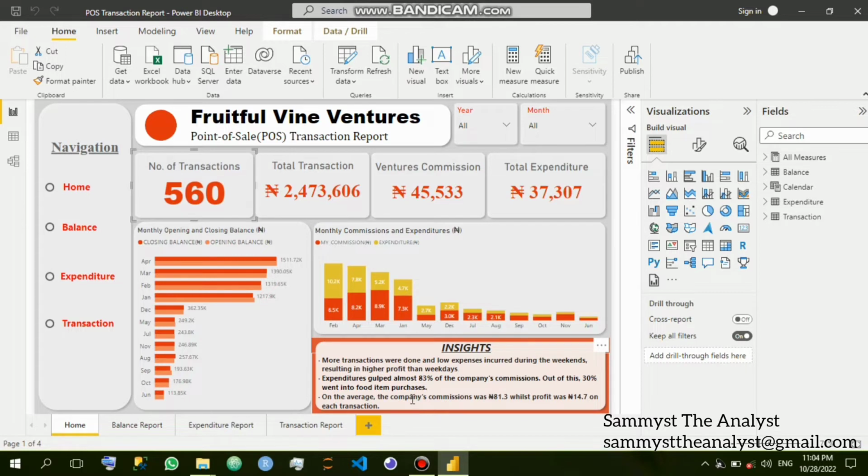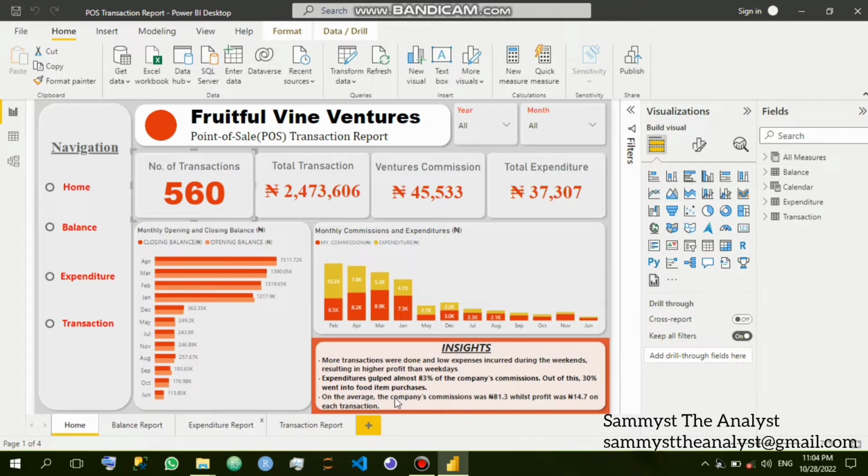Out of this, 30% went into food item purchases. So we can see that even from here, this amount 37 and then 45, they were a bit close. So 83% of the company's commission went into the expenditure, and then out of these, 30% went into food items, as we shall later see in the expenditure report.